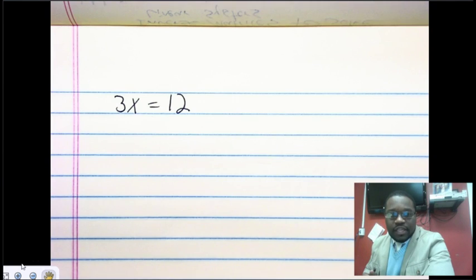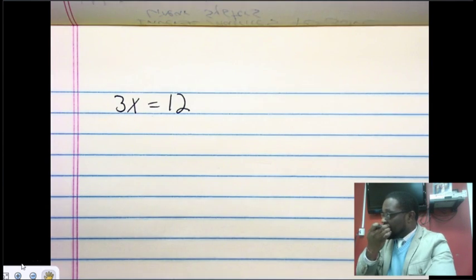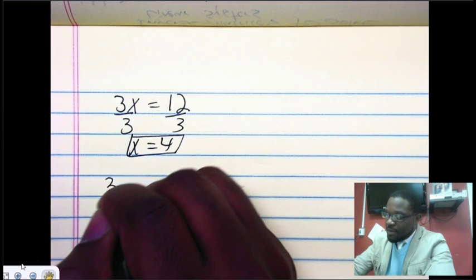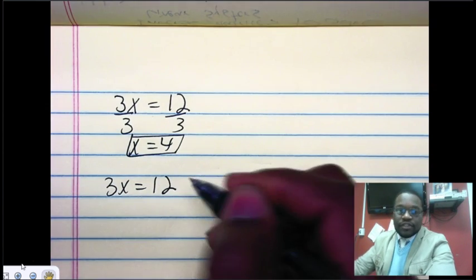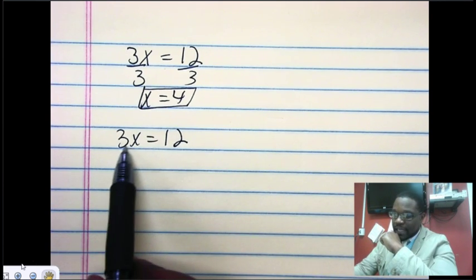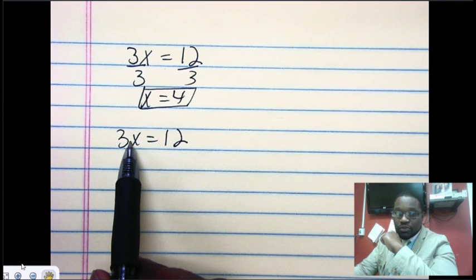Foundation of a home. If I had 3x equals 12, and I needed to solve that algebraically, most of us would say you divide both sides by 3, and you get x equals 4. Now, any mathematician will tell you that the proper language is that we are multiplying here, and we have to be able to undo multiplication.